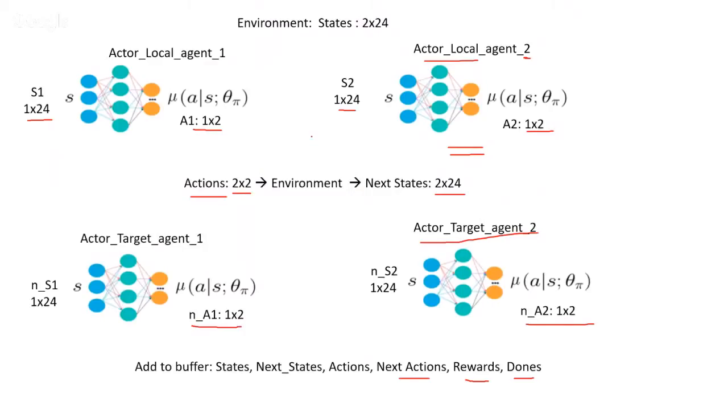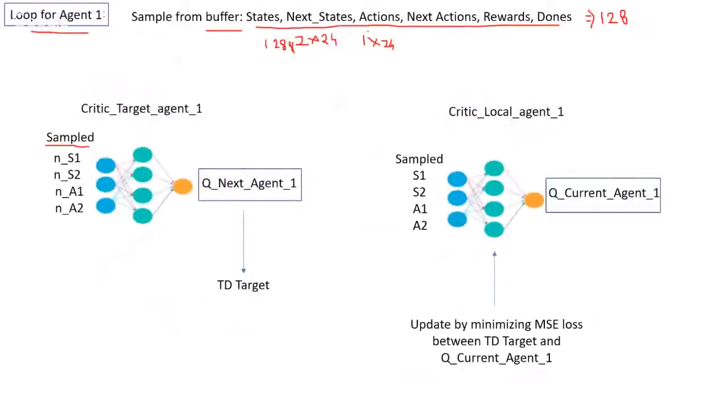These are not from the collection step. These are from the sampling step. So next action A1 is the top layer of this, and next action A2 is the bottom layer of this next action. You have to stack them all together and input to the critic target network of agent 1.